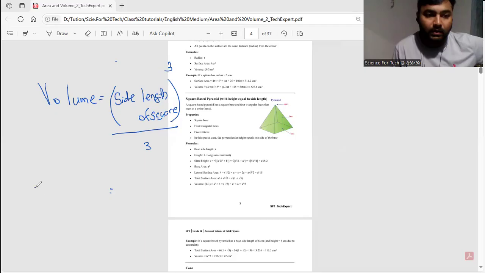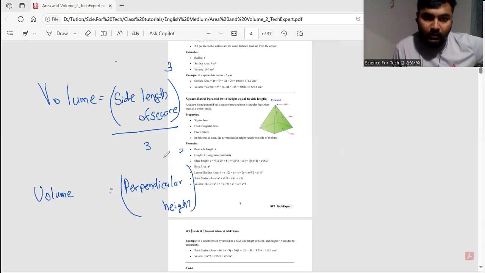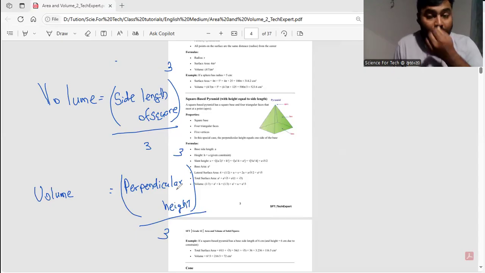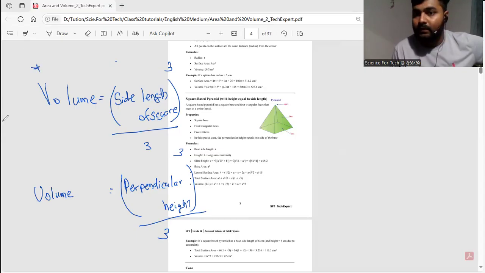Or otherwise you can write volume equals the cube of perpendicular height divided by 3, because side length and perpendicular height are equal, the same value is assigned here, so substitute to here. That's why I can write these two equations. Okay, you can write this one.